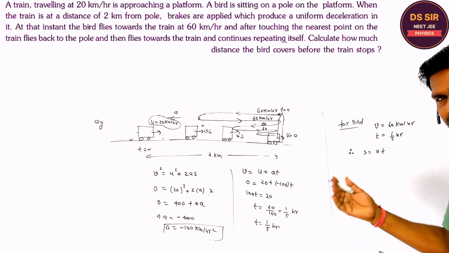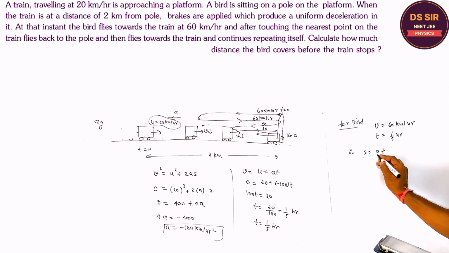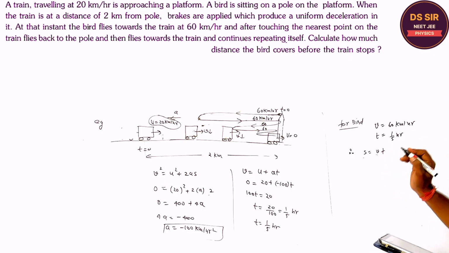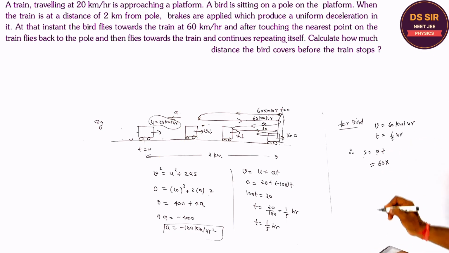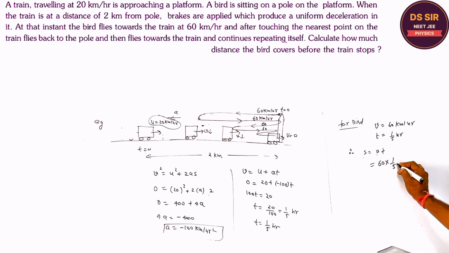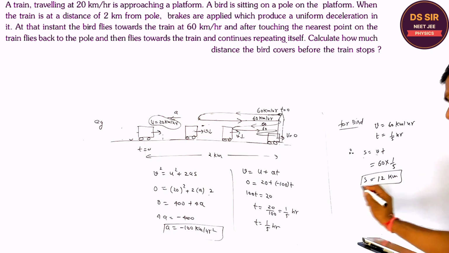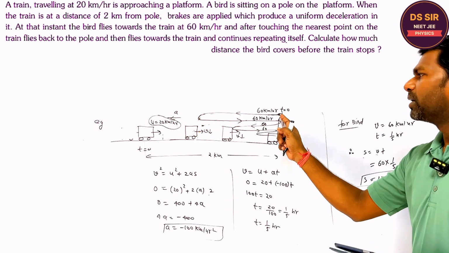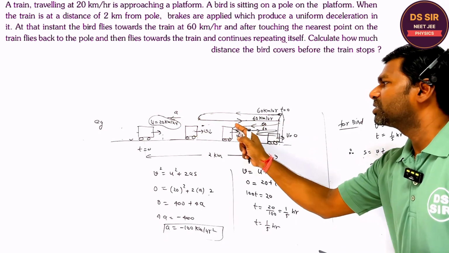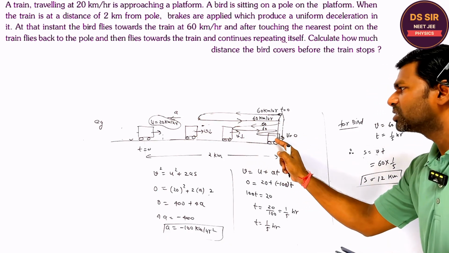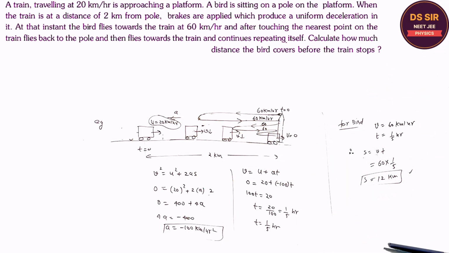In class 9th, you have learned distance is equal to speed into time. So by what speed is it moving? 60. How much time does it move? 1 by 5 hour. So this is 12 kilometer. So the total distance covered by the bird, this distance, this distance, this distance, is a total of 12 kilometer. You understand this question, Vrinda?